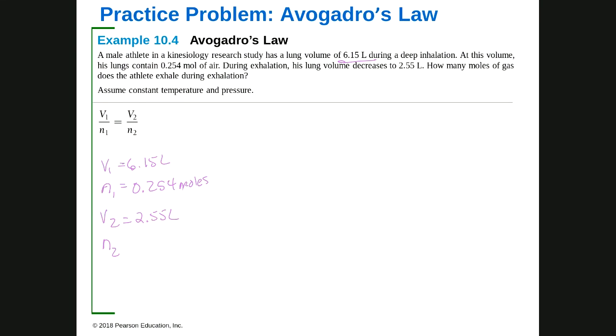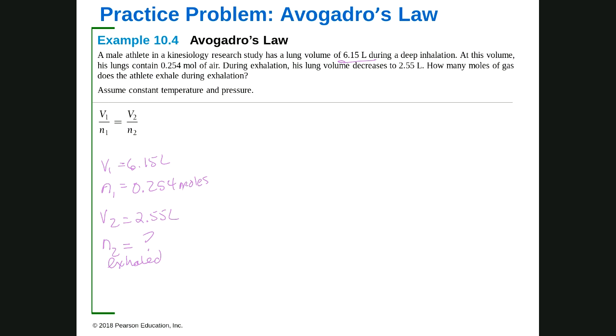Okay. I'm going to write that down because that doesn't sound like it's going to be a direct thing to me. Okay. So liters, that was 0.254 moles. Then when he exhaled, he had 2.55 liters left.